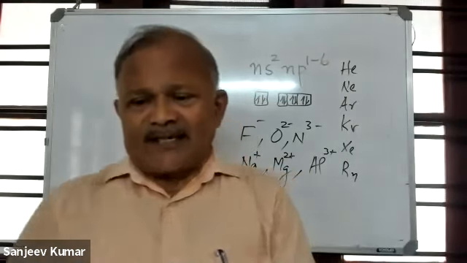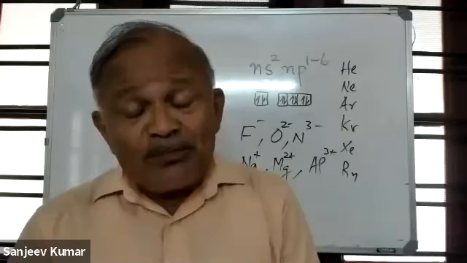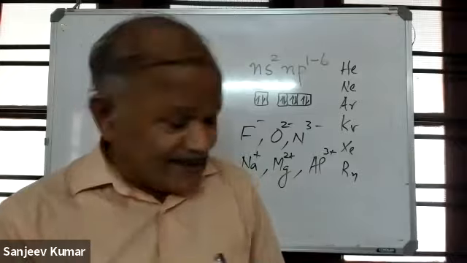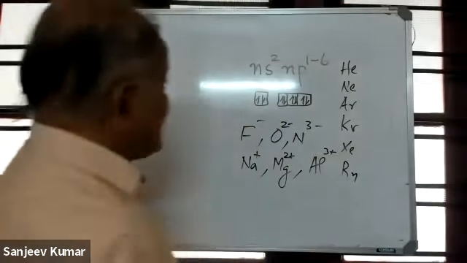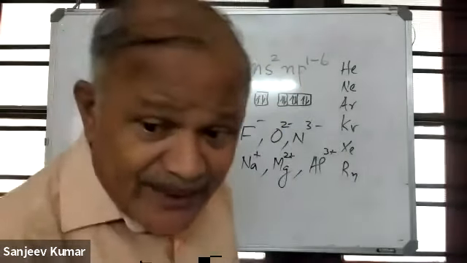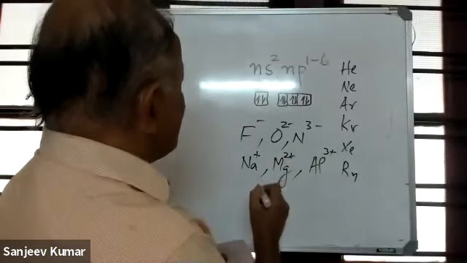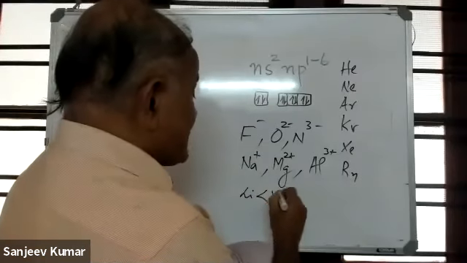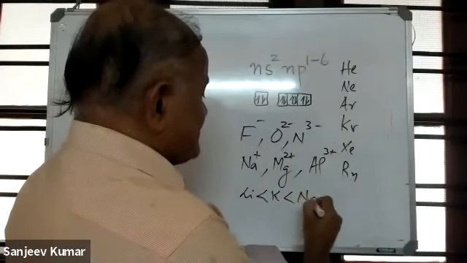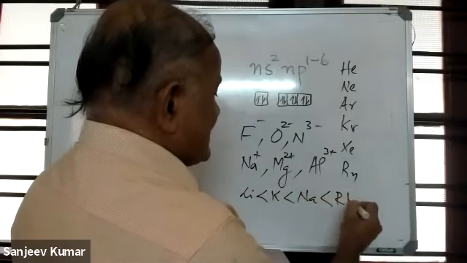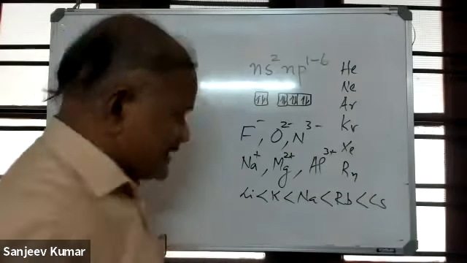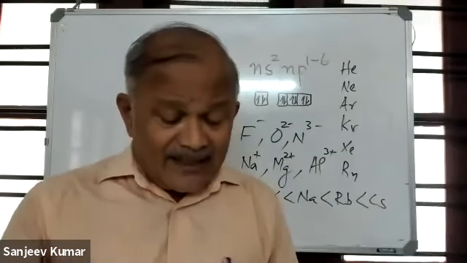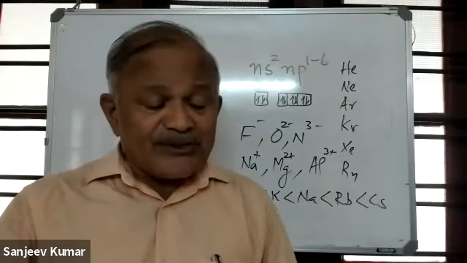Remember that exception: the density of potassium is slightly less than that of sodium, and therefore the density is in the order lithium is less than potassium is less than sodium is less than rubidium is less than cesium, and that is the correct order of the density of alkali metals. Therefore, the choice is choice A.